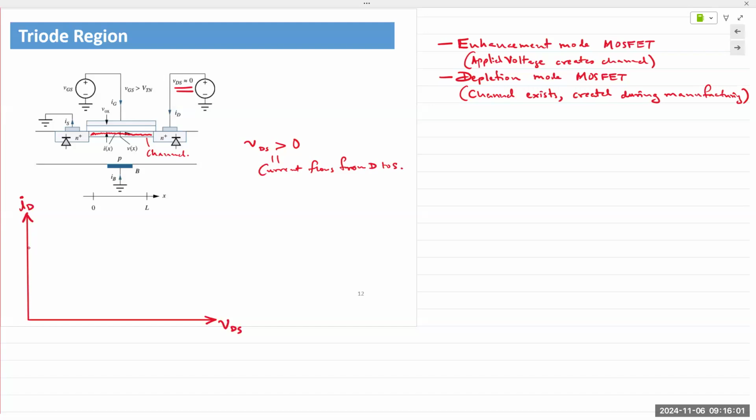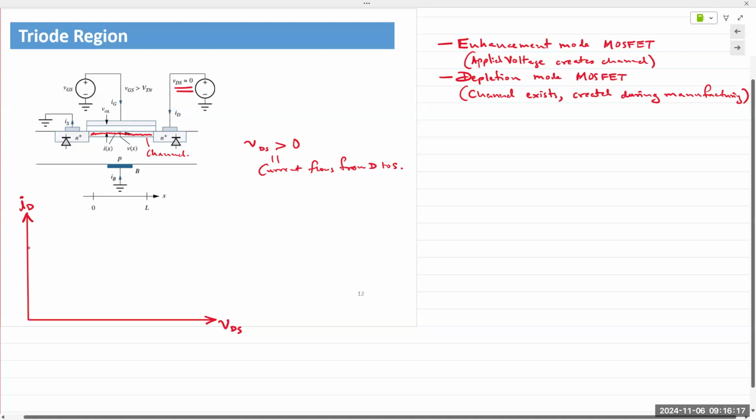Electrons are moving from the source to the drain. Current moves from drain to the source. So ID is flowing. The relationship between the applied voltage VDS and the resulting current ID is linear.